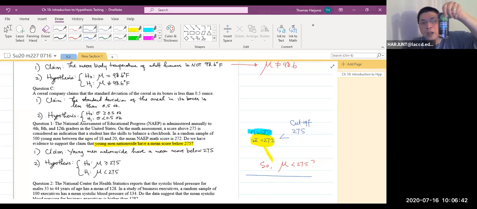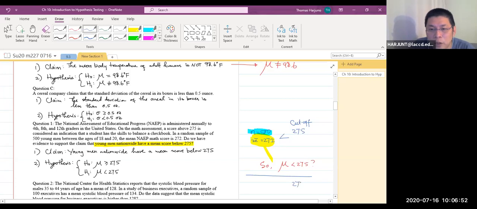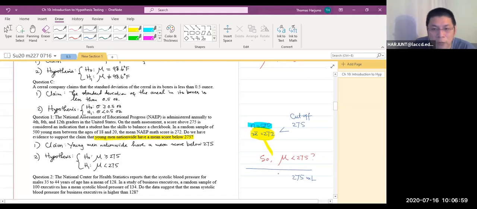Let's say it says underneath 275 milliliters. Okay, and then I pick 500 such cans and measure the volume of the coffee in there, and I found out the volume of the coffee in these 500 cans is 272 milliliters.